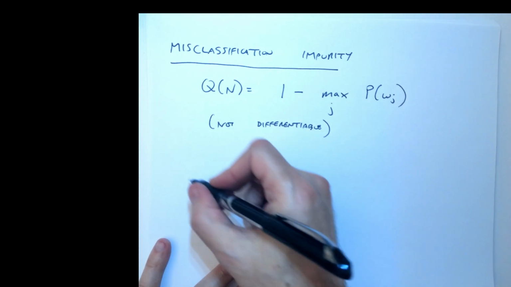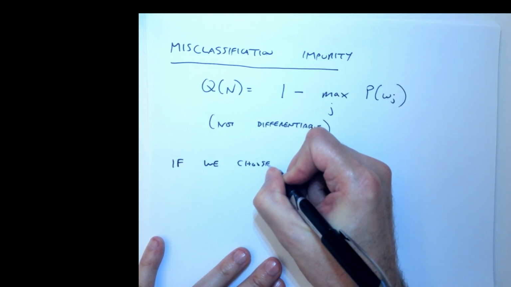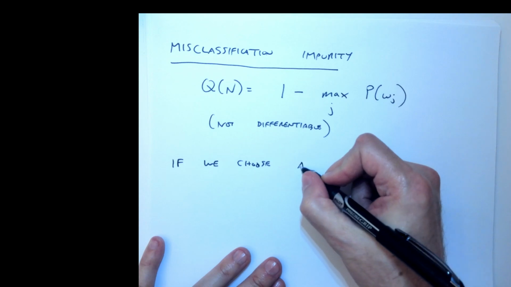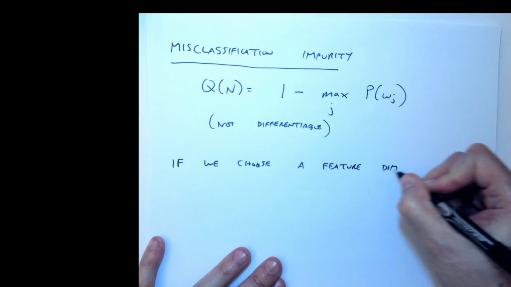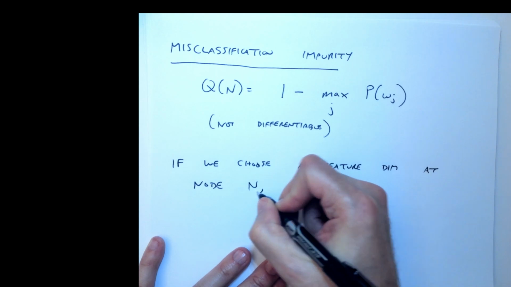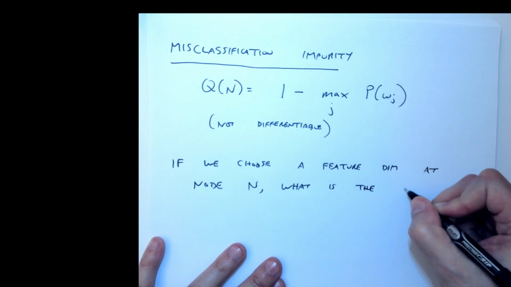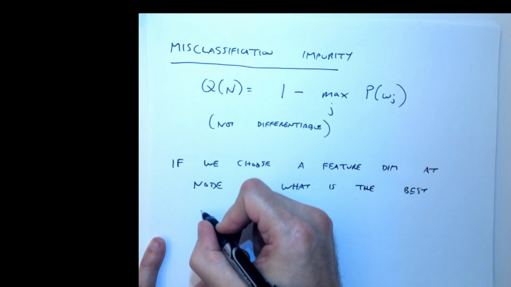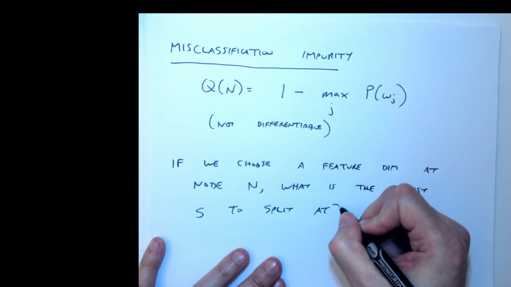And so the idea is that, if we choose a feature dimension at node n, what is the best S to split at, right?